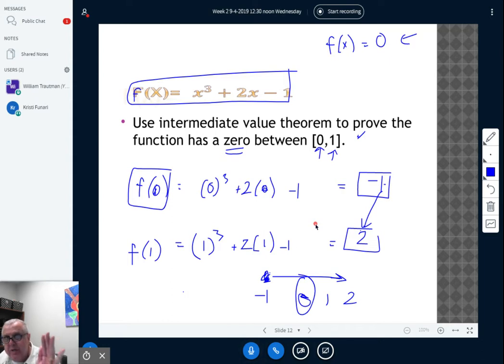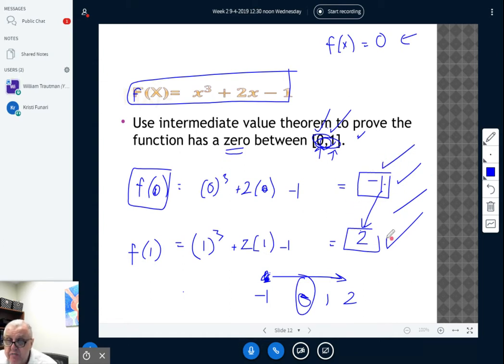You're at -1, -0.9, -0.8, -0.1. At some point, you have to bypass 0 to get through it. So if one limit is negative and the other is positive, at some point between those two numbers, you had to bypass 0 as far as we're talking about the y values. And so it says use the intermediate value theorem to prove that there is a 0.